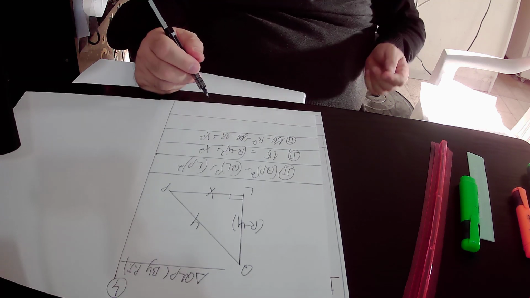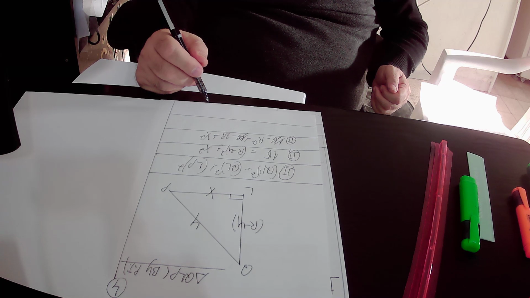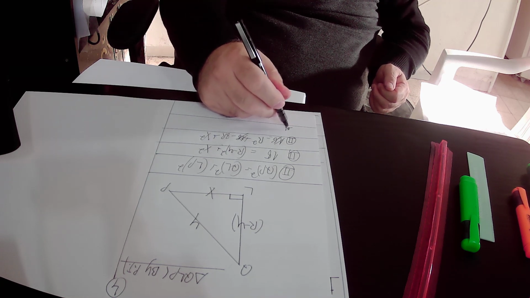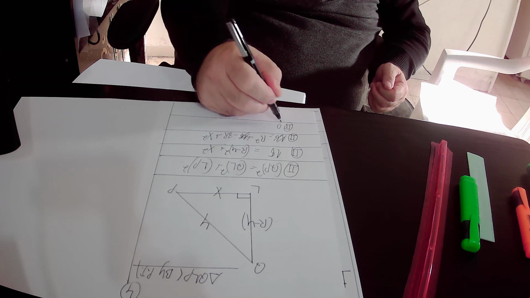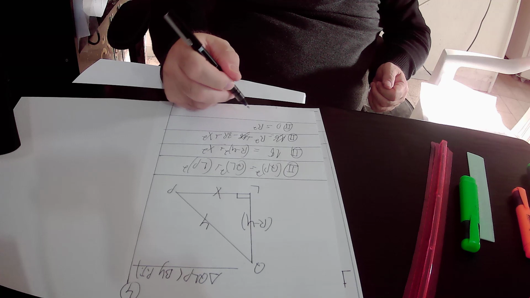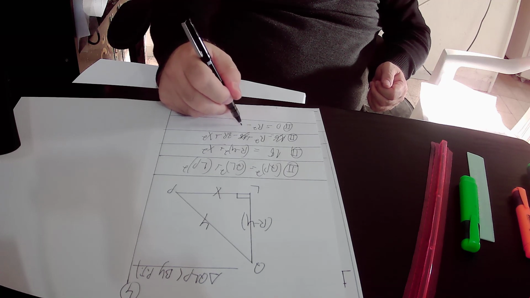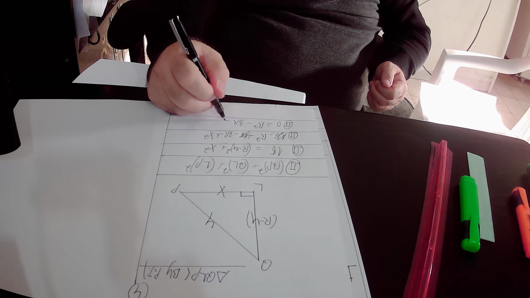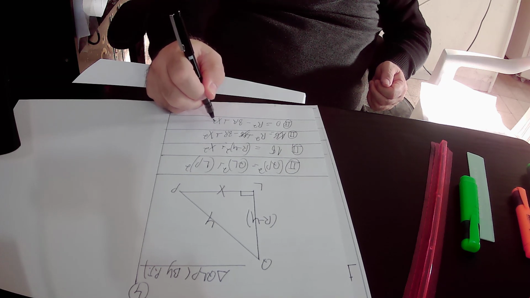And what is left from equation number 2 after we cancel 16? On this side of the equation, nothing is left. We have 0, that is equal to R squared minus 8R plus x squared.